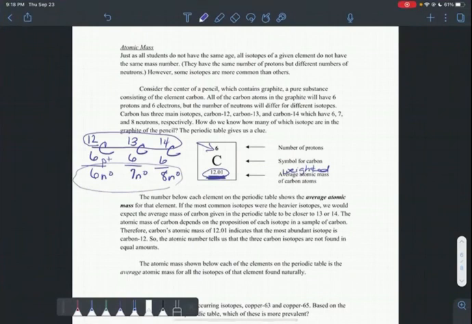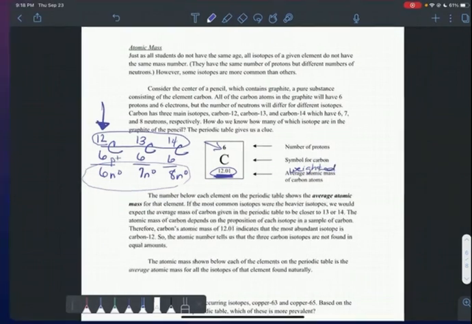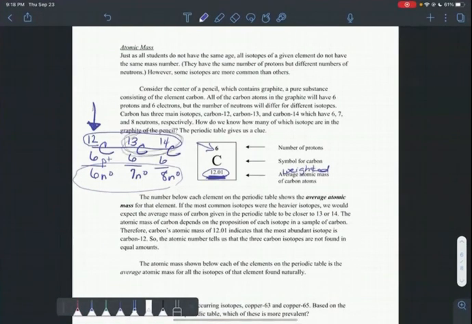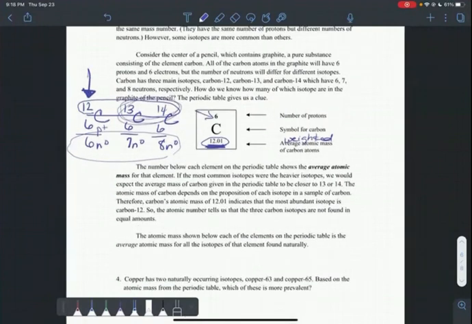And if you look at that number, it's 12.01. That means that most of the atoms on planet Earth are carbon 12 atoms. The average is a little bit over 12, but not that much, so only a few of them are carbon 13 and carbon 14.